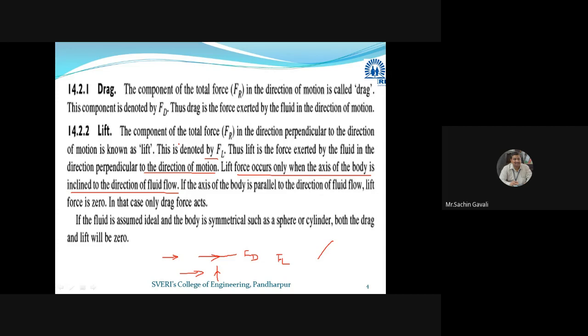The component of the total force Fr in the direction perpendicular to the direction of motion is known as lift. This is denoted by FL. Thus, lift is the force exerted by the fluid in a direction perpendicular to the direction of motion. Lift force occurs only when the axis of the body is inclined to the direction of fluid flow. If the axis of the body is parallel to the direction of fluid flow, lift force is zero.